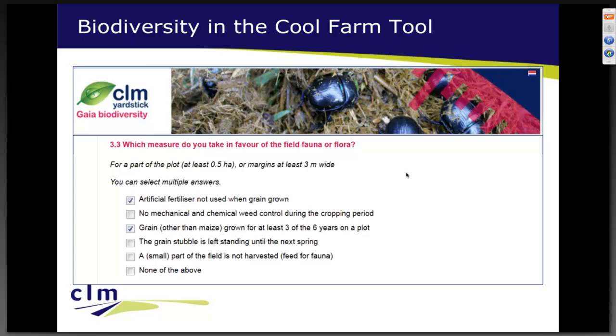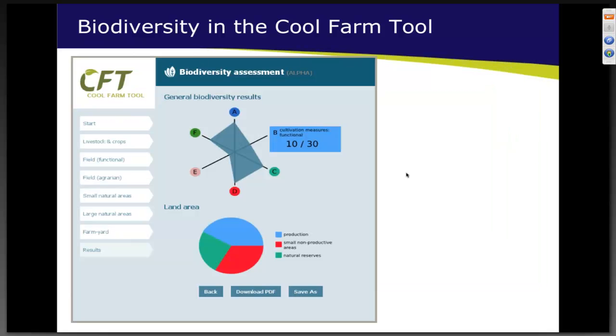For instance, artificial fertilizer is not used on grain, so there's a list of questions that the farmer can tick. And for each positive yes, each tick, there's a point. So the more measures the farmer takes to favor biodiversity, the higher the score. And then the results page, of course, shows in a graph the results in those 6 dimensions.